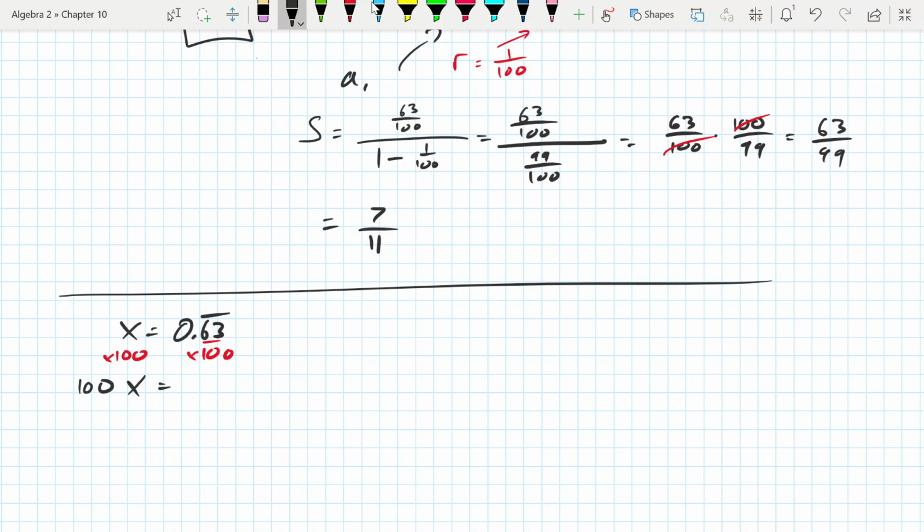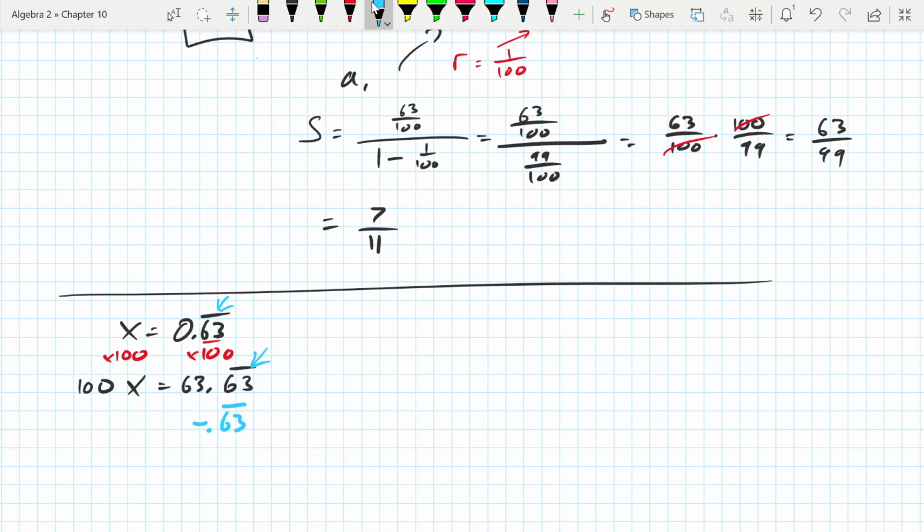So I get 100x equals 63 point, well, that 63 was repeating forever, so I'm just going to repeat 63 forever again. Well, if you notice, I now can just subtract 0.63 repeating forever from both sides, right? It's a number.